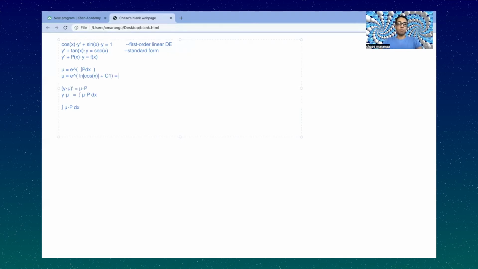Sorry, negative ln of cos x plus c. And this can be simplified greatly to some constant. This is a different c1, by the way. This is actually ln of c1. But we won't worry about that right now. This can be simplified greatly to just be c1 times secant of x.